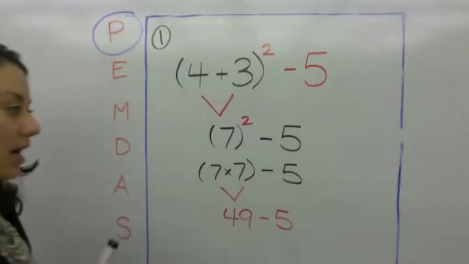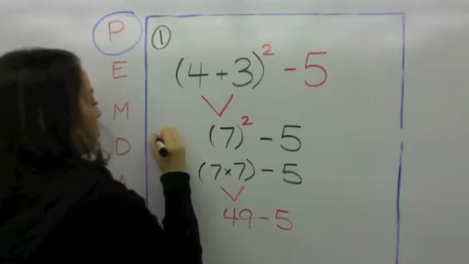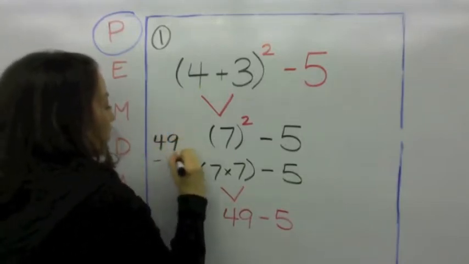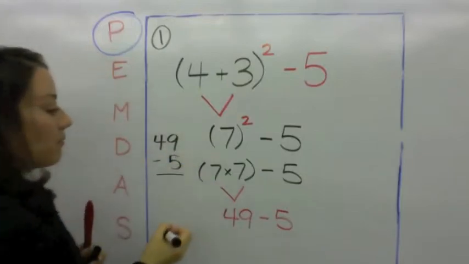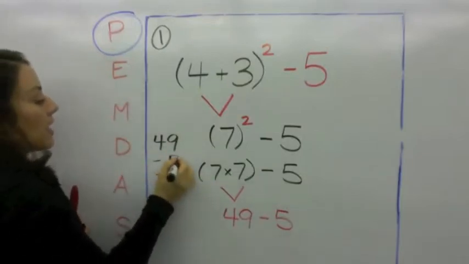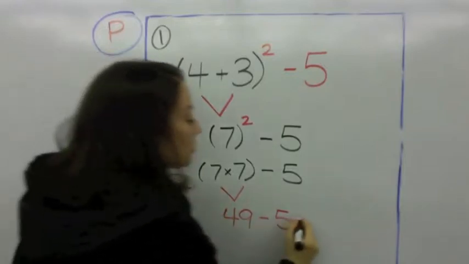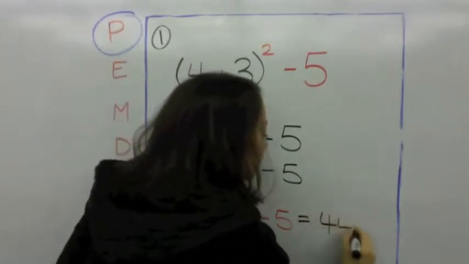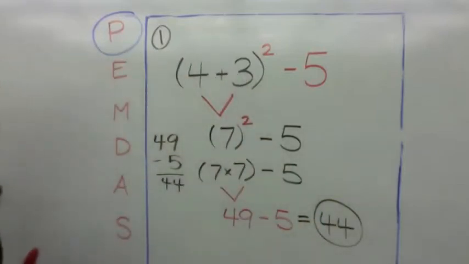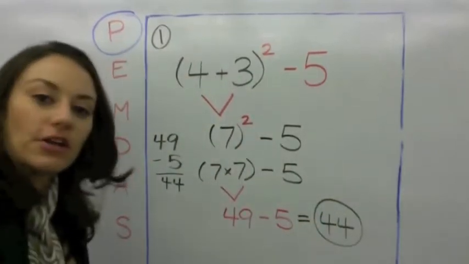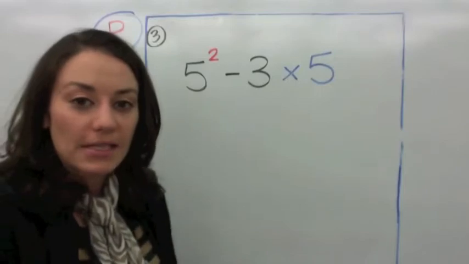So we're at 49, take away 5. I'll do it right over here. You're really just looking at 9 minus 5, which is 4, and bring down the 4. So the answer here is 44. What's the answer? Very good.